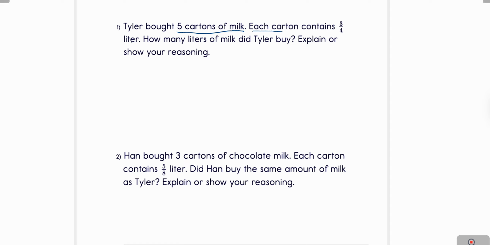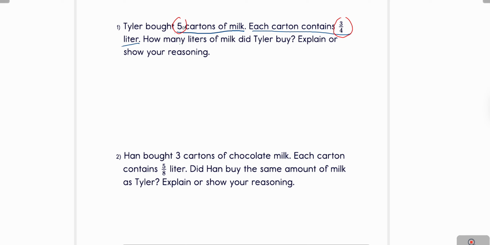So the important numbers that we're going to be dealing with here are 5 and 3/4. And the question that we need to answer is, how many liters of milk did Tyler buy?